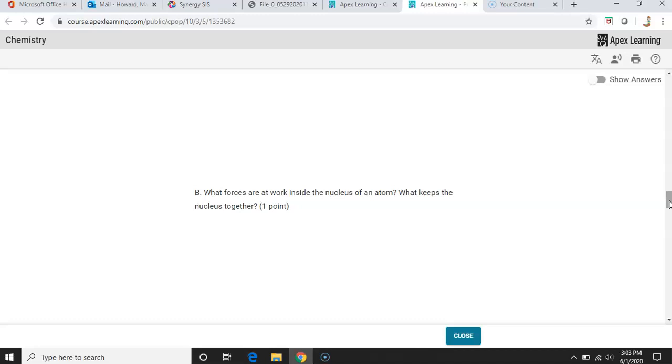Now, what makes a nucleus unstable? Which atoms tend to be unstable? A nucleus is unstable when the strong nuclear forces do not balance the electrostatic forces. Atoms with high atomic numbers tend to be unstable. This brings us back to when we started with uranium being radioactive and breaking down.